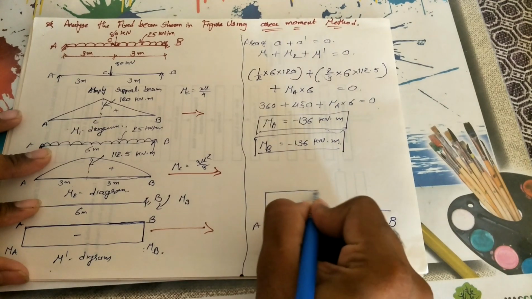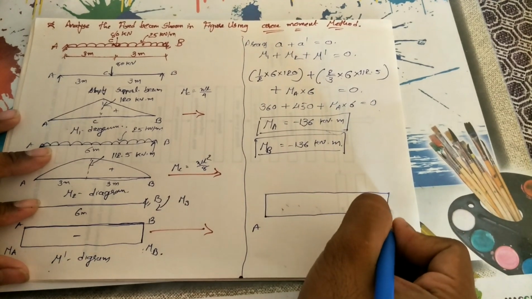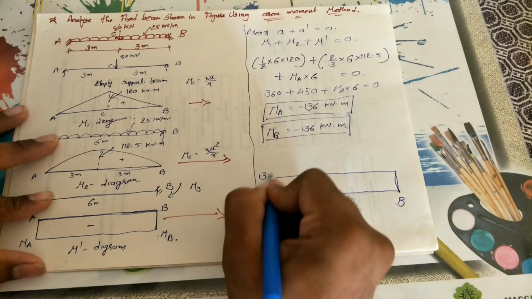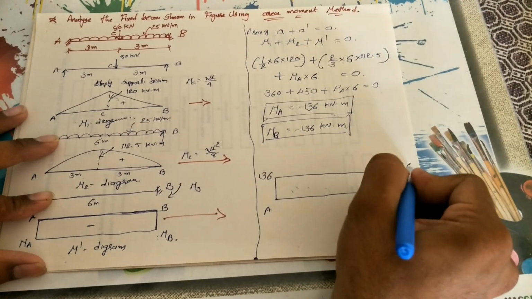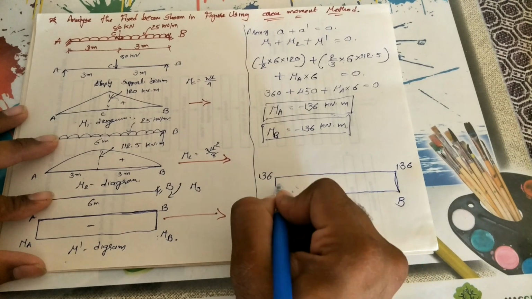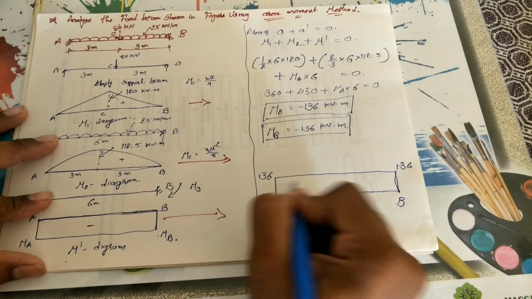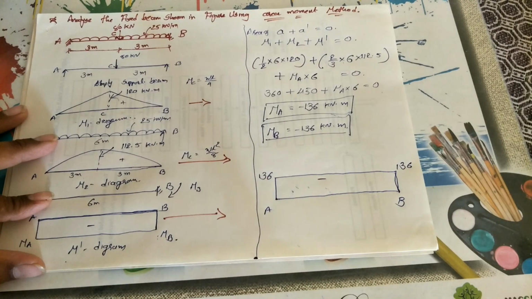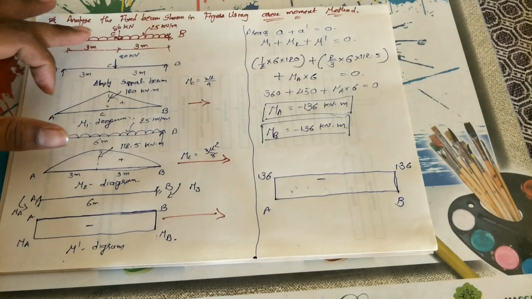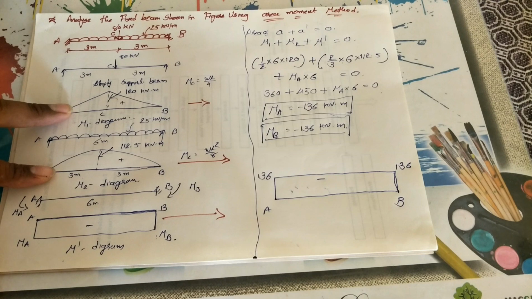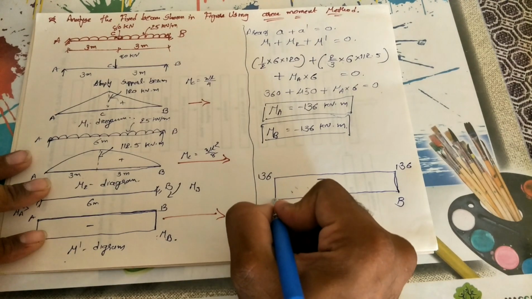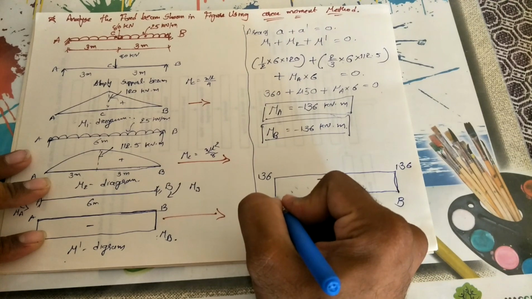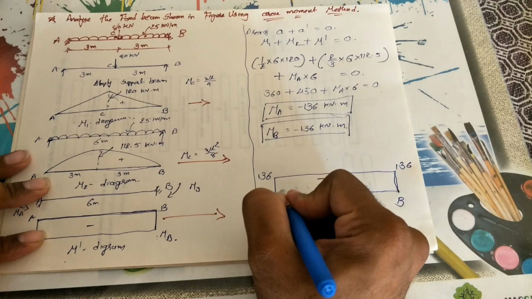These MA and MB are 136 value, and I put a minus sign over here. Because of loading, my bending moment diagrams are these two. I will draw a combined diagram for the same. That is my UDL.